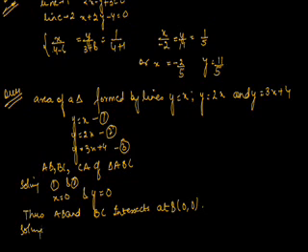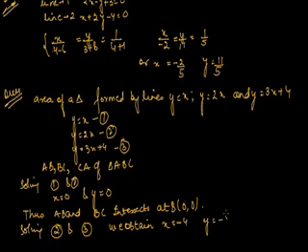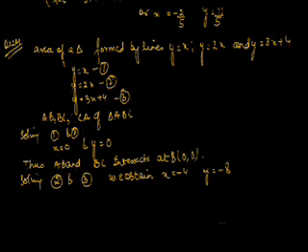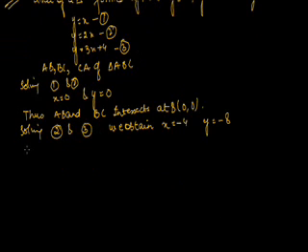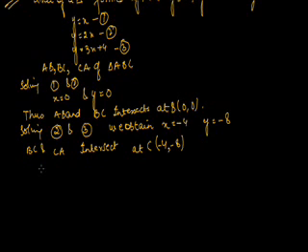Similarly, solving 2 and 3, we obtain x equals minus 4 and y equals minus 8. So sides BC and CA intersect at C, which is (minus 4, minus 8).